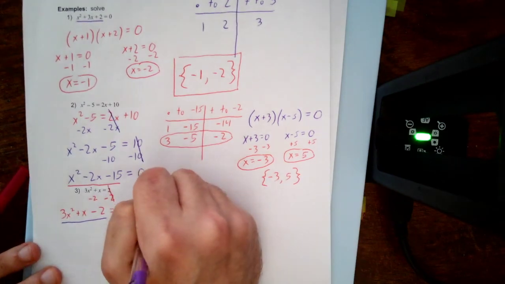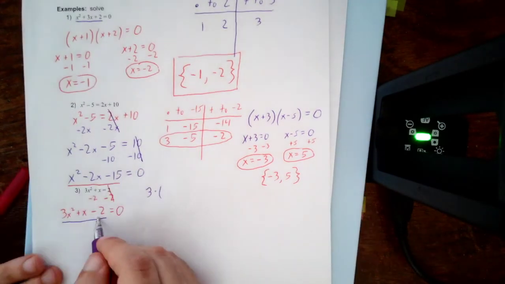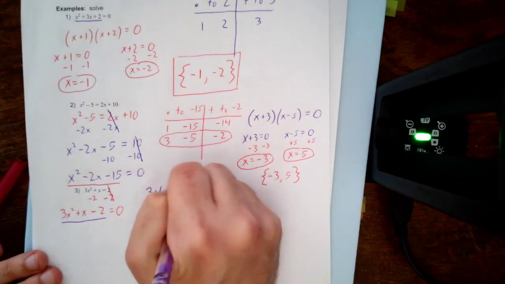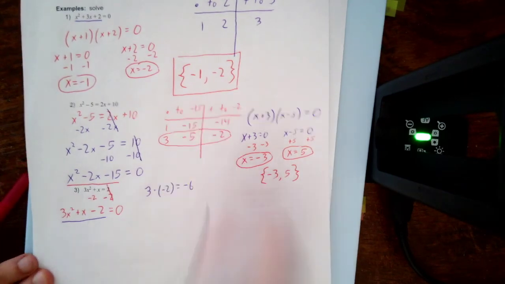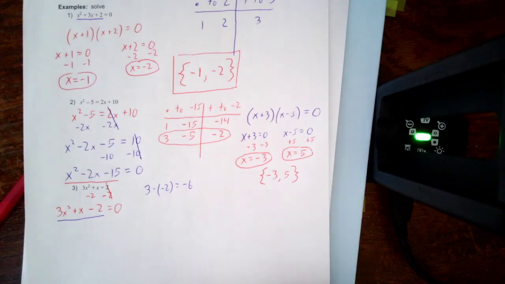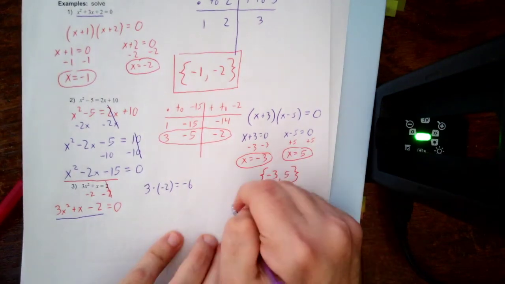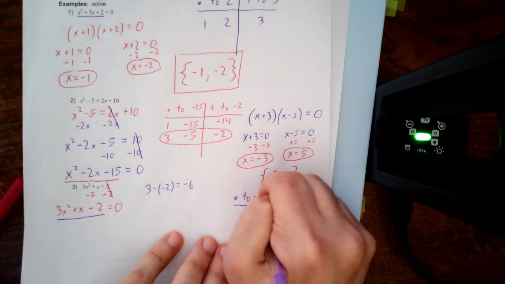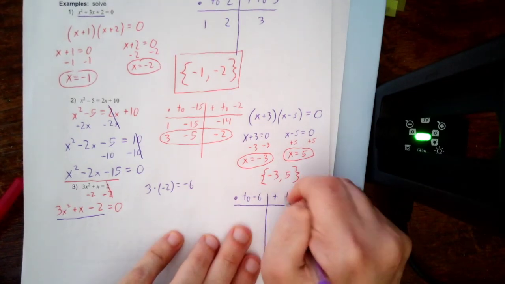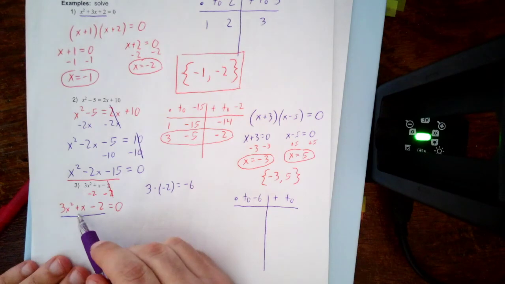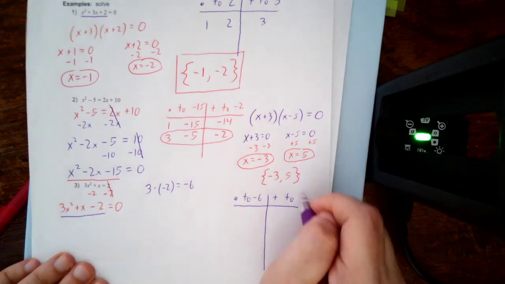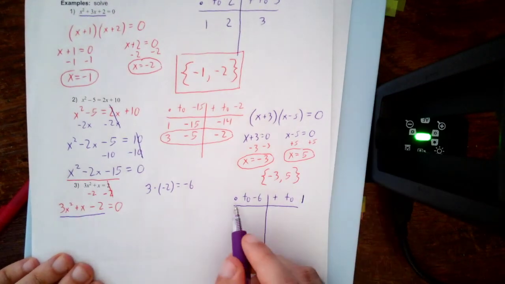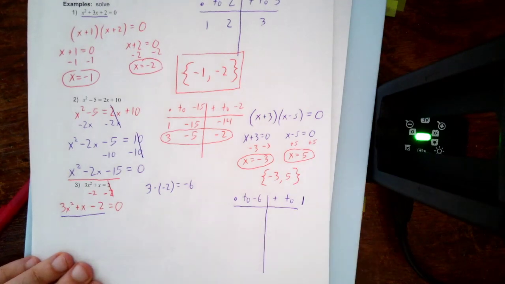So I need to multiply that 3 by the constant term, which is negative 2, which gives me negative 6. So when I make my table, I want numbers that multiply to minus 6, but add to, in this case, the middle term has a coefficient of 1. So they need to multiply to 6 and add to 1.